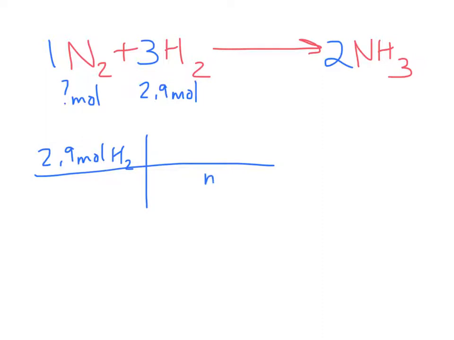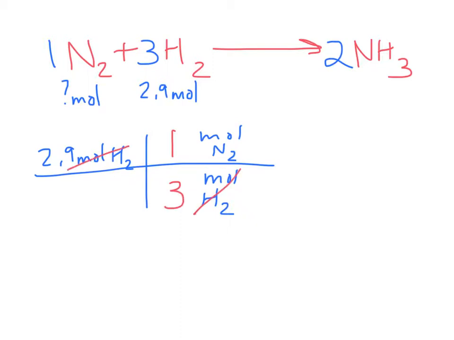So let's start out with the only number that we have here, which is 2.9 moles of hydrogen. Now on the bottom here is going to be moles of hydrogen. Again, whatever unit is right here is always the unit that goes at the bottom there. And on the top we're going to put moles of nitrogen, and we know that we're allowed to go from mole to mole, and we call that the mole ratio, and we're just going to use the coefficients of the balanced equation. So the coefficient of nitrogen is 1, the coefficient of hydrogen is 3.